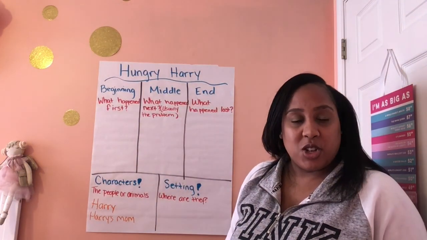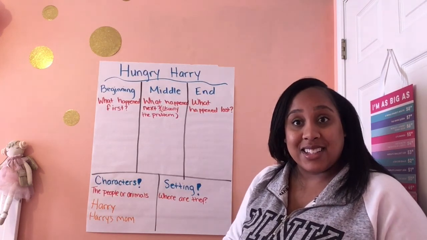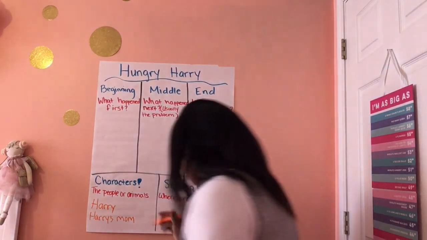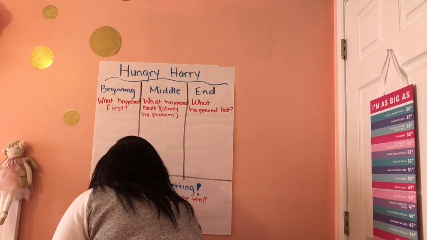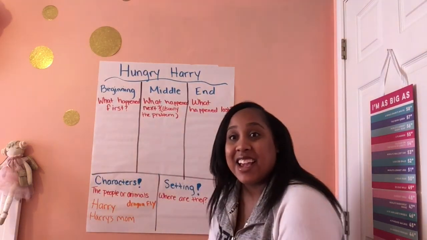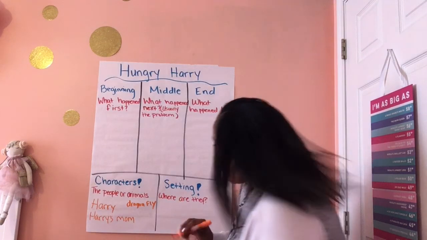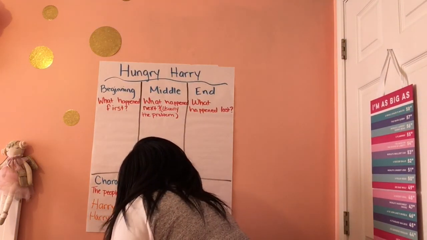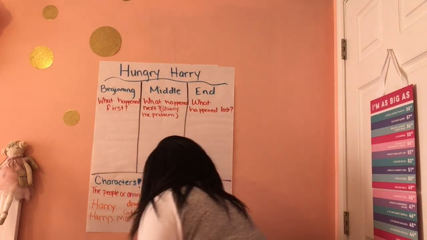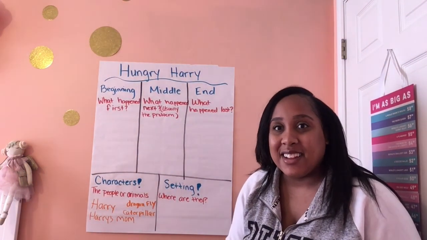Who else? Who did Harry find along the way as he was trying to get something to eat? Dragonfly. And what was tickly? Yes, the caterpillar. What was squirmy and wriggly?